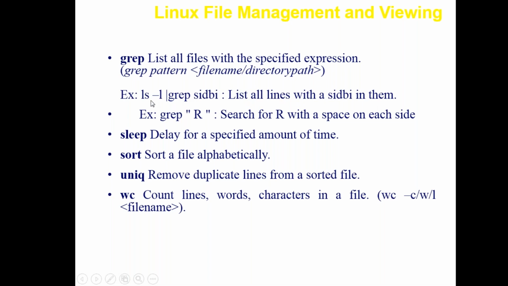So grep command will open up the files, check each file and give me the list of the files which have the word SIDB. So at the end I will get all lines, or all the files, which have the word SIDB in them.